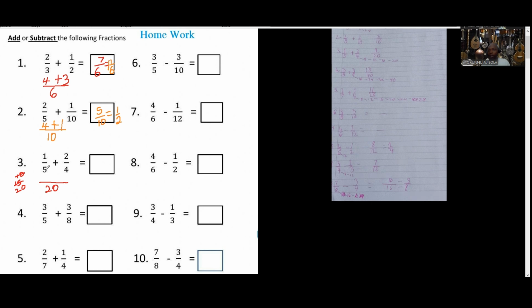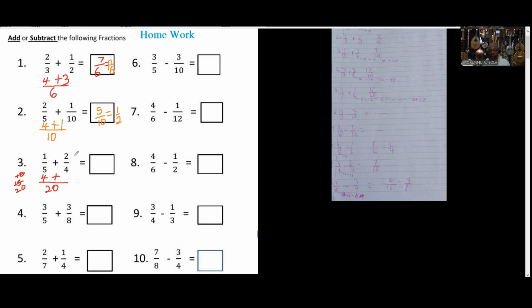So how many 5 is in 20? That's 4, right? Then 4 times 1 is what? 4. Then plus, how many 4s are in 20? That's 5.